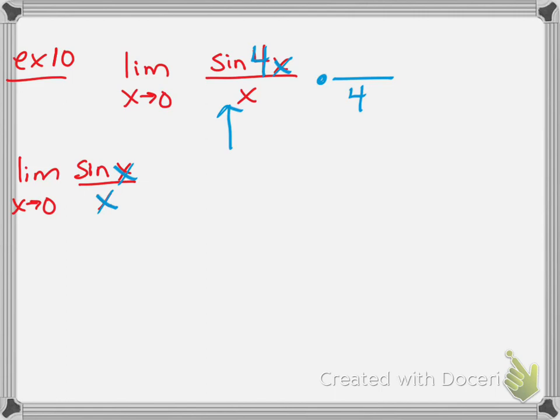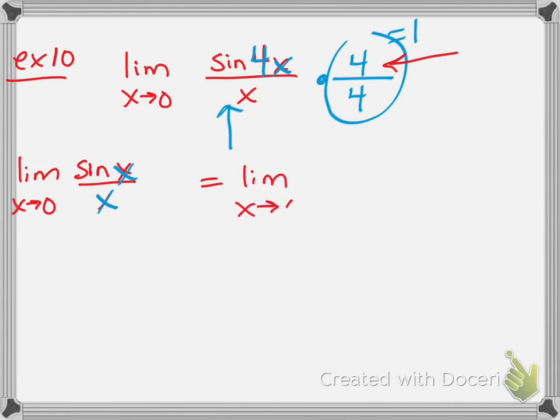But I can't just multiply by that. I've got to multiply by a 1. So I've got to multiply by 4 over 4. So when I do that, let me show it this way, equals the limit as x approaches 0 of 4 times the sine of 4x all over 4x.